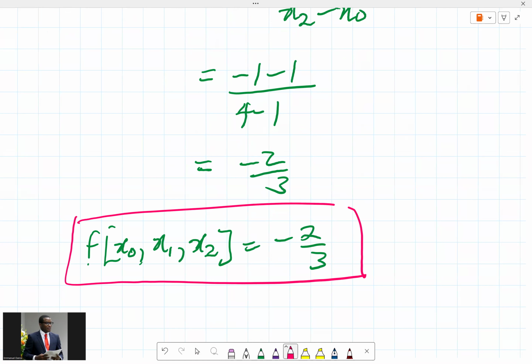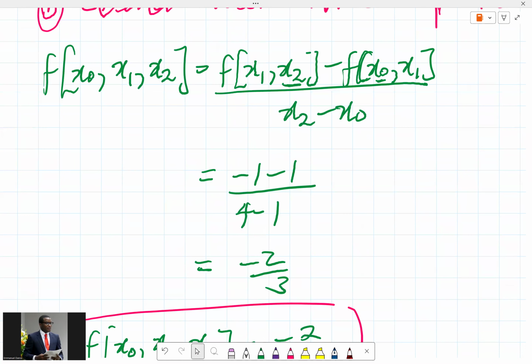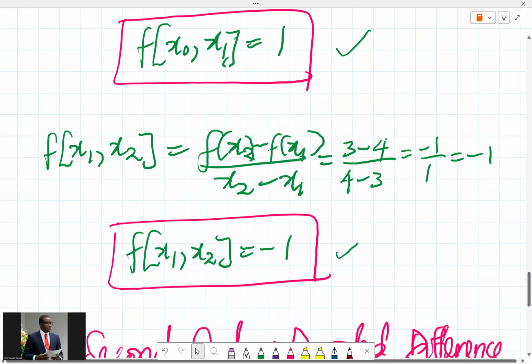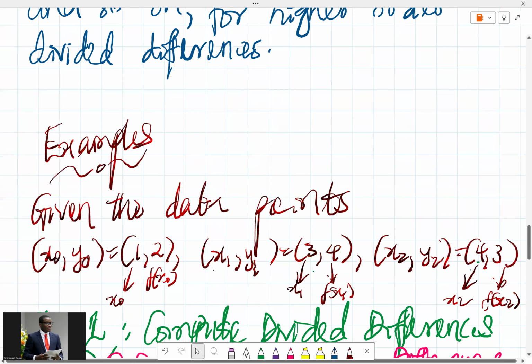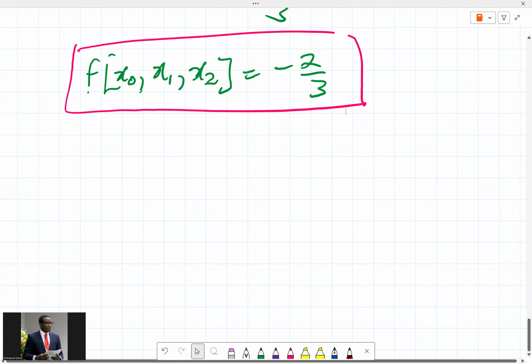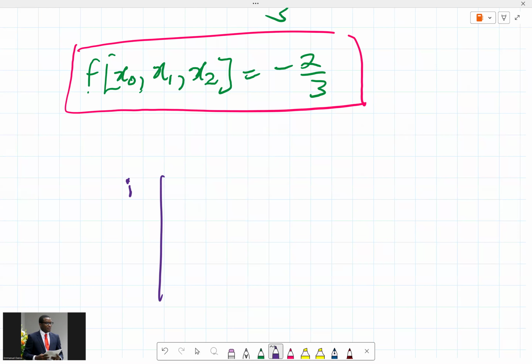I promised I was going to also do it using a table. So let's look at how, instead of using all these things, we can actually do it from a table. Say you have I, then after I we have xi, and then we have yi.